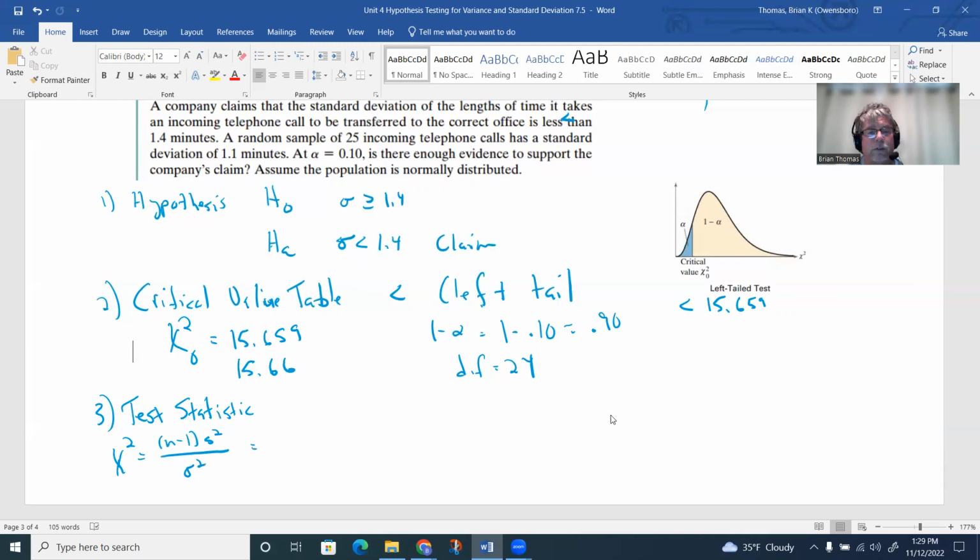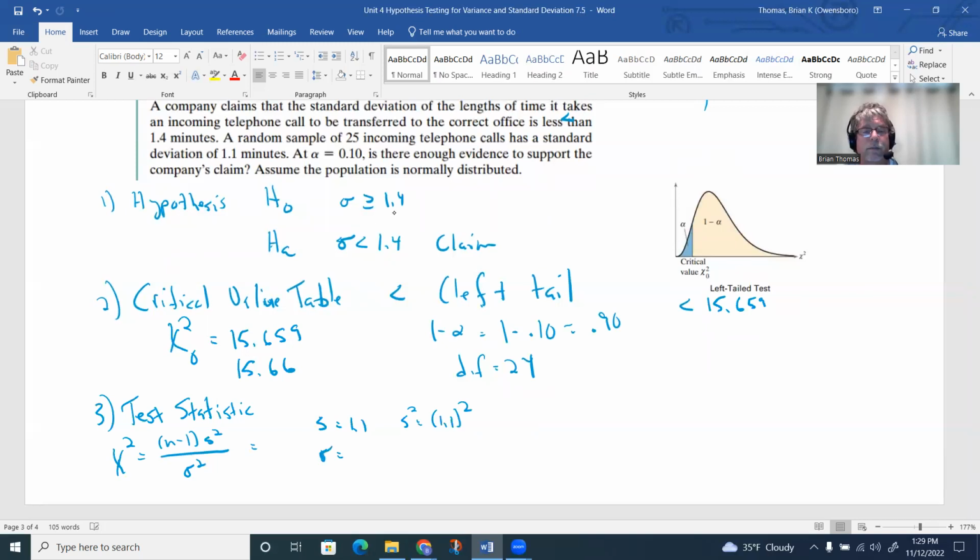Notice how they gave us standard deviation. They said S was 1.1, with 25 incoming telephone calls. So S squared is going to be 1.1 squared. And the standard deviation for the hypothesis, they said, was this 1.4.